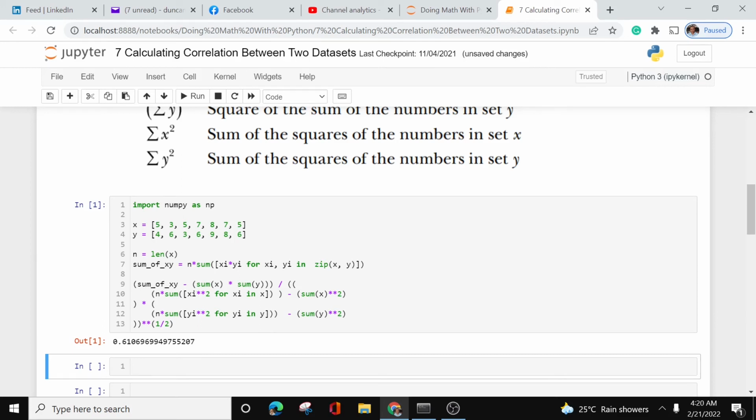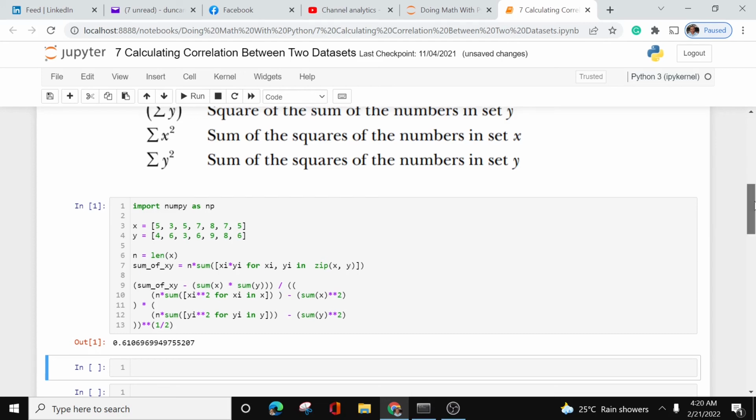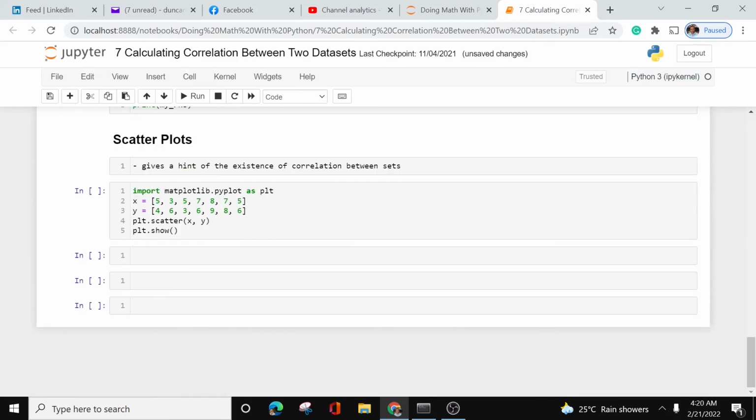For better understanding, it's better to have this plotted. This scatter plot would give us a hint of the existence of a correlation between sets, and we can also identify whether there is a positive or negative correlation, and whether it is strong or weak.